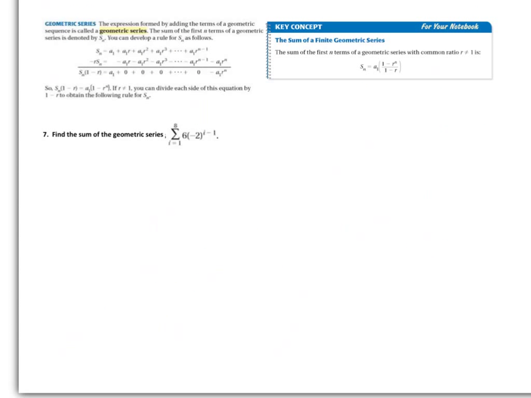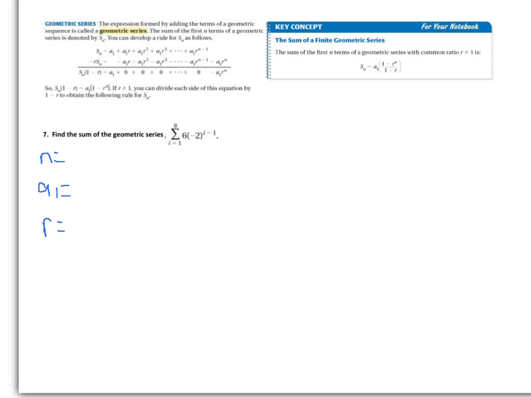Alright, so geometric series. The expression formed by adding the terms of the geometric sequence is called a geometric series. So they're proving why this works. If we look at that, we need to identify n, first term, common ratio.